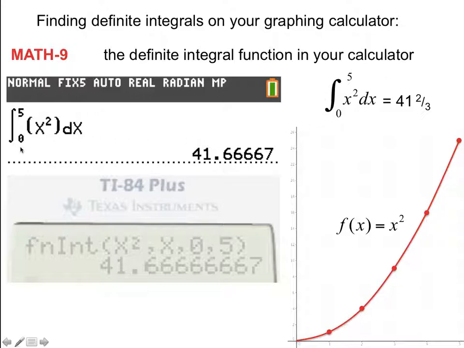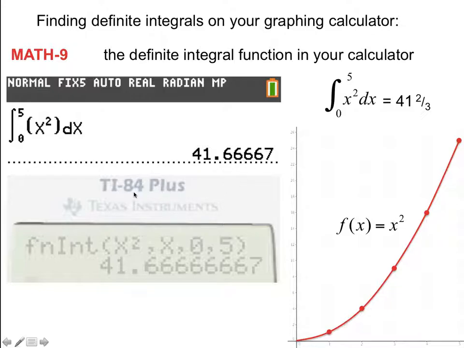If we want to integrate x squared from 0 to 5, we do Math 9, and this comes up with boxes. In these boxes we put a 0 and a 5 and our function, and then our dummy variable dx, or just x. You hit enter and you get 41 2/3. We have to recognize this repeating decimal as 2/3.